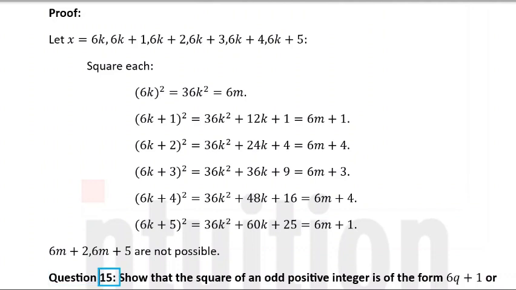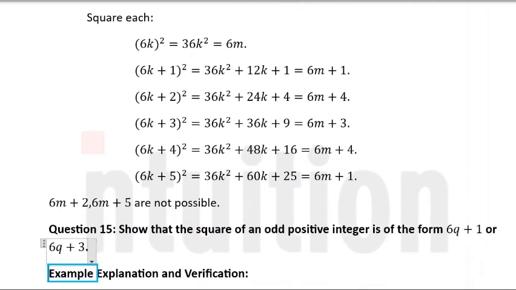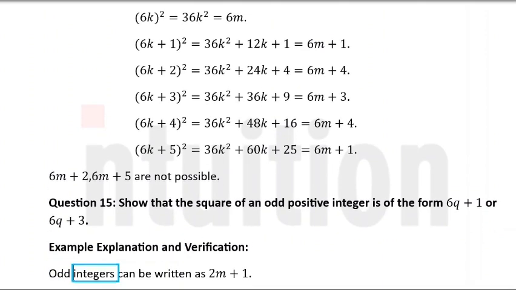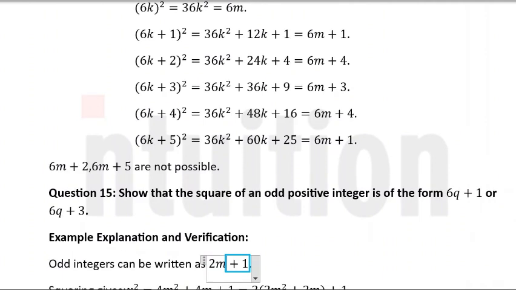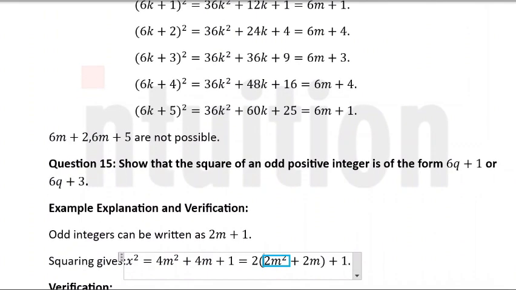Question 15. Show that the square of an odd positive integer is of the form 6q plus 1 or 6q plus 3. Example, explanation and verification. Odd integers can be written as 2m plus 1. Squaring gives x squared equals 4m squared plus 4m plus 1 equals 2(2m squared plus 2m) plus 1.